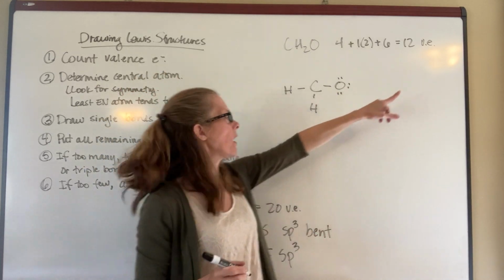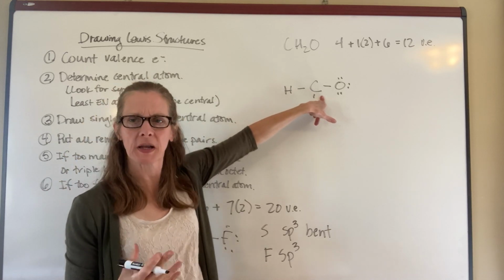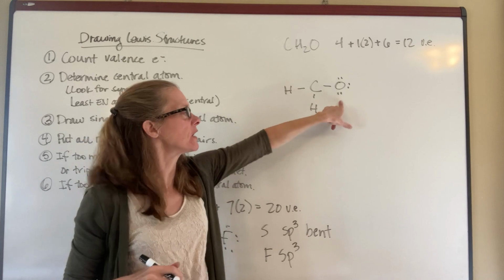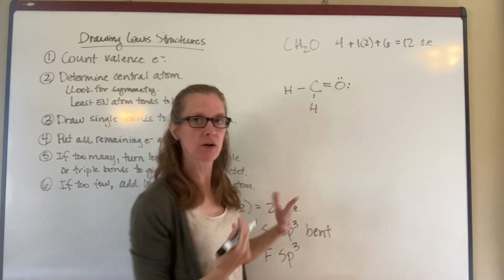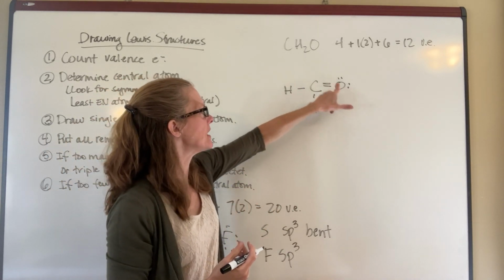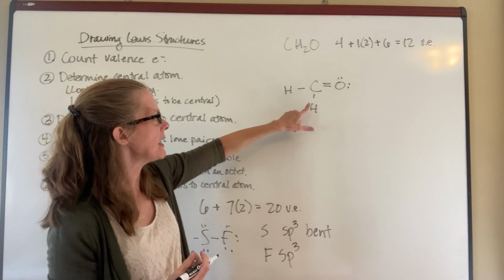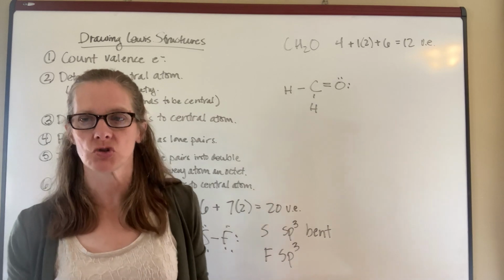I've used all 12, but I don't have an octet around my carbon. So I'm going to have to take one of these, and make a double bond. So now did I use the right amount? 2, 4, 6, 8, 10, 12. So I've used all 12 valence electrons, and everything has an octet around it. So that all works just fine.